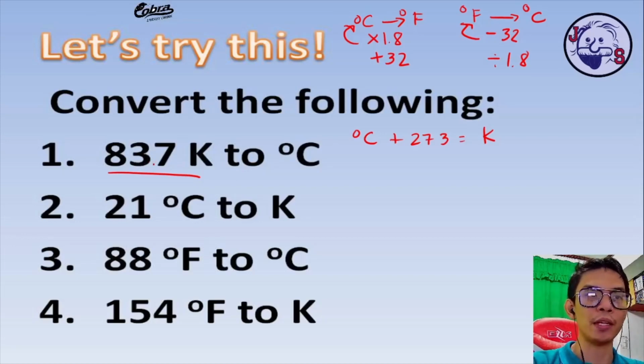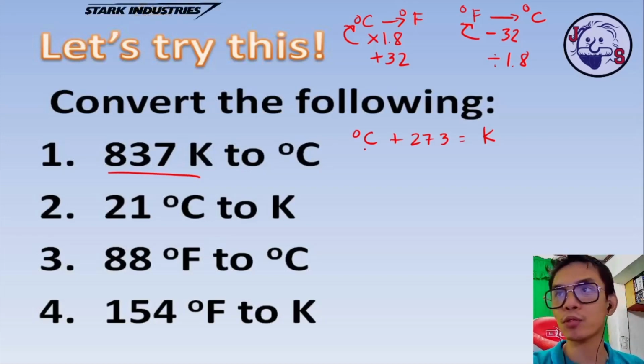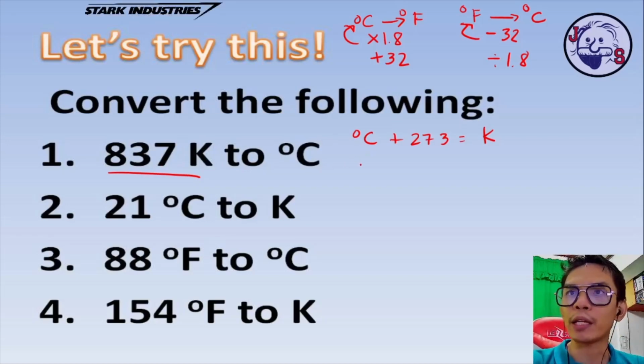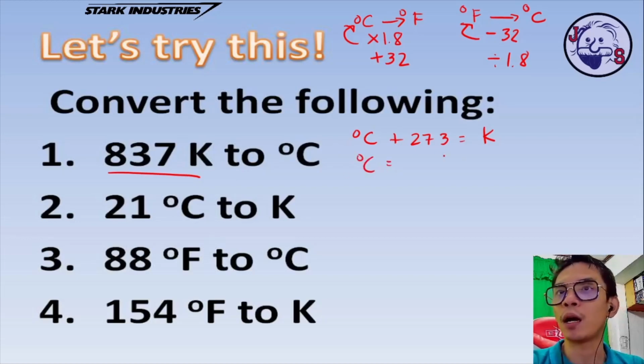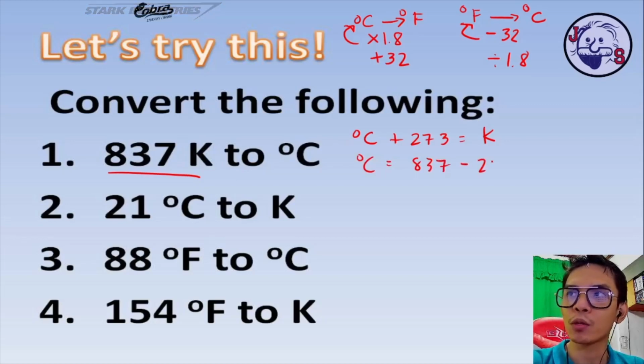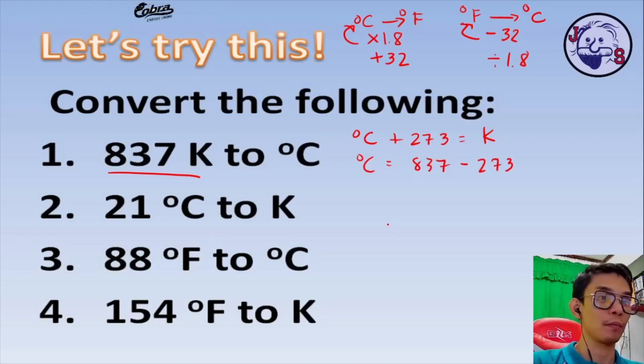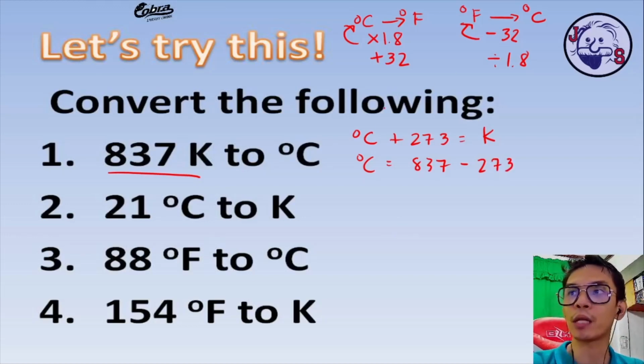So what will happen here is, Kelvin to Celsius, degrees Celsius is equal to 837 minus 273.